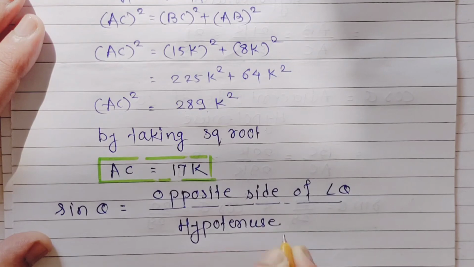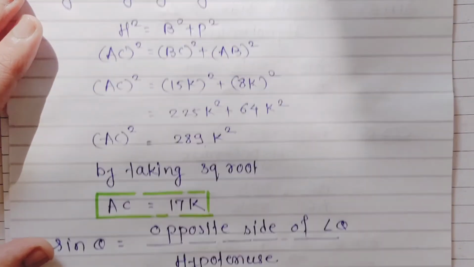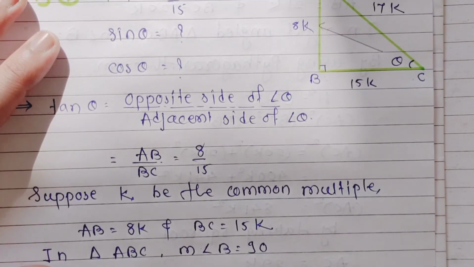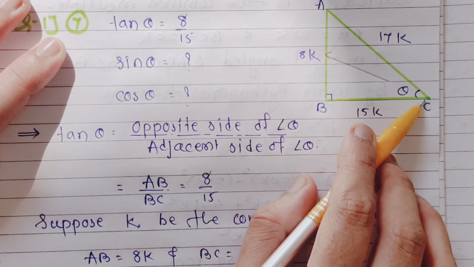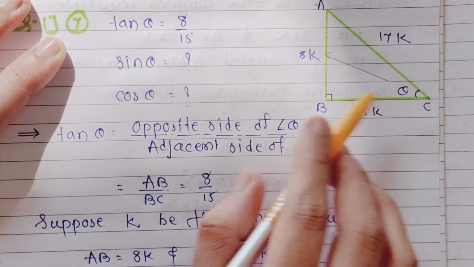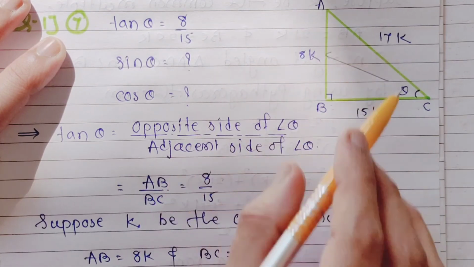So the opposite side of angle theta, see the figure, is AB, upon hypotenuse, that means AC. Is it clear? So the ratio is AB upon AC, that means 8K upon 17K.